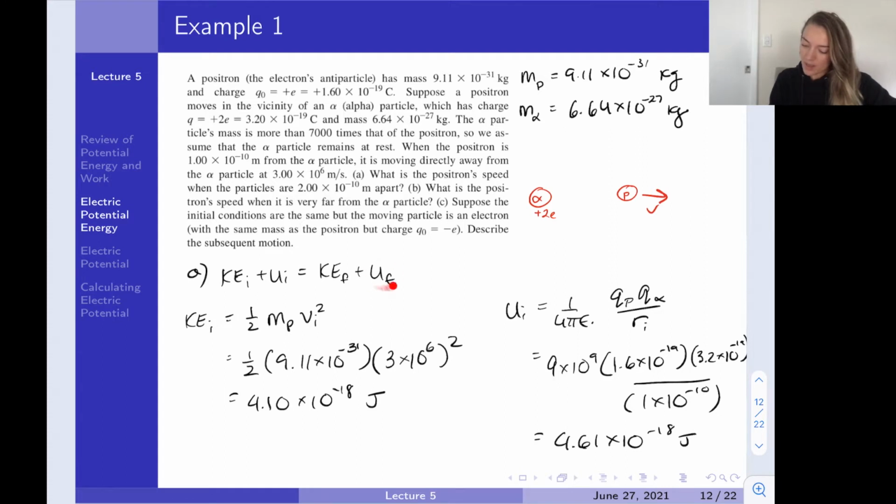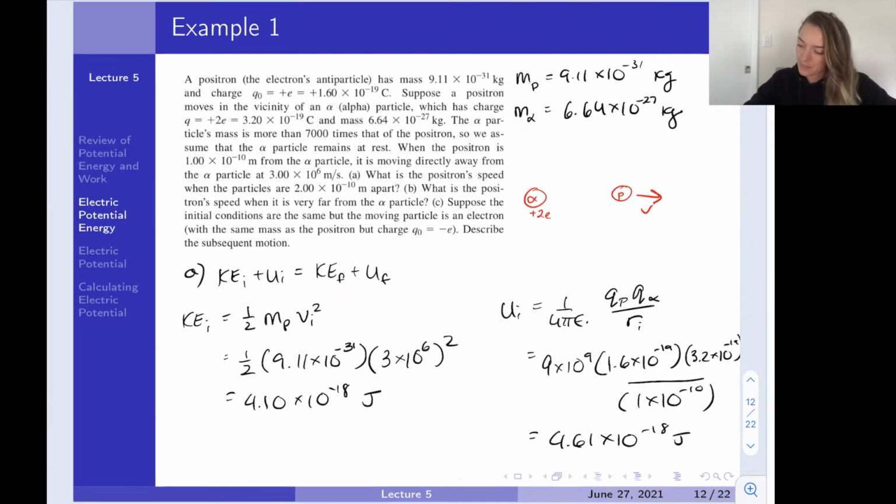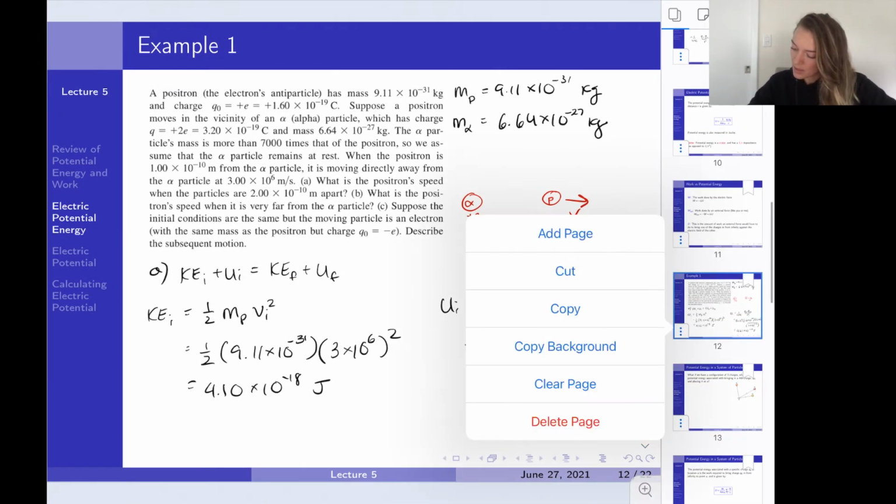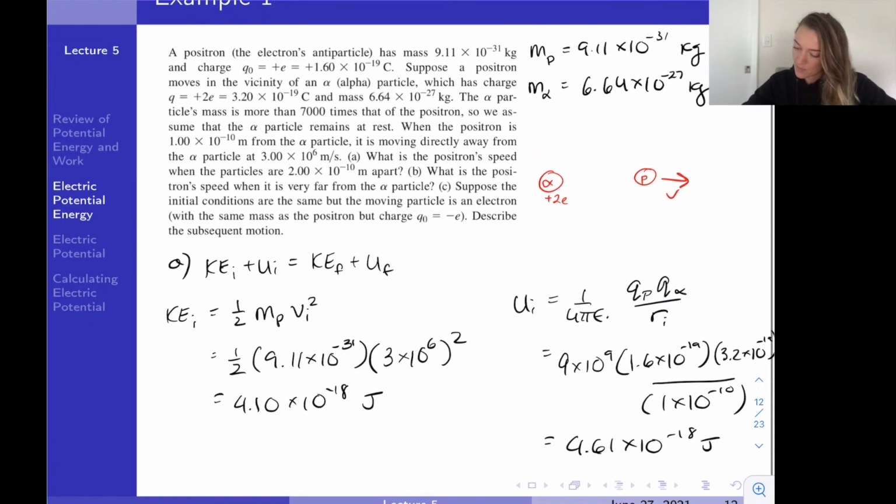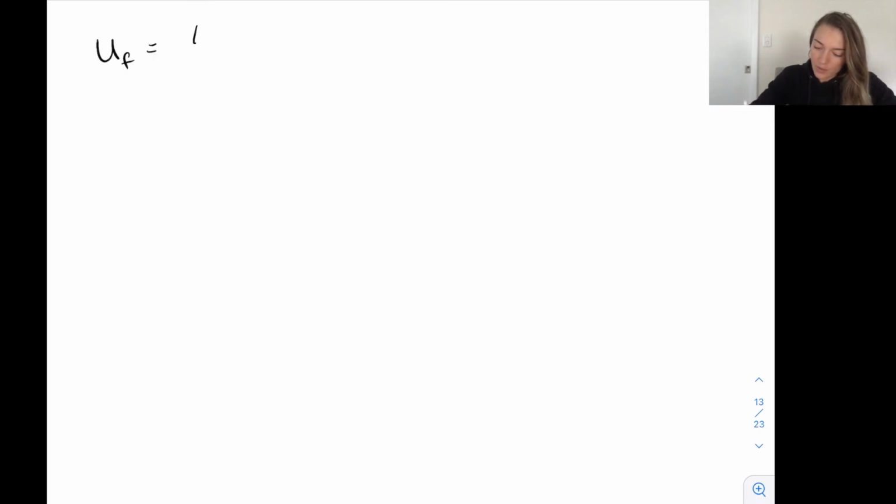So now we can find in the exact same way, since we know their final separation is 2 times 10 to the negative 10 meters, we can find their final potential energy, and then we can just solve for the final velocity here. So let's find the final potential energy: 1 over 4 pi epsilon naught, the charge of the positron, the charge of the alpha particle, and then the final separation.